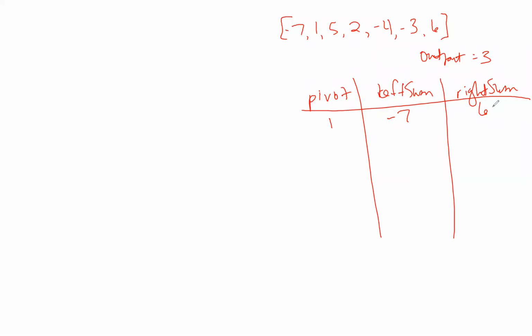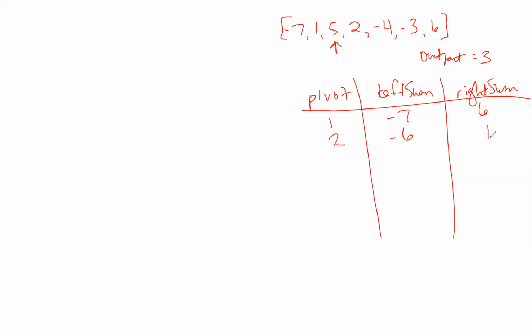Are they equal? No, they're not. Okay, then I know I need to add the element in my pivot to the left sum. So -7 plus 1 is -6. Then I increase my pivot to the next element, and I need to subtract that from the right sum. So 6 minus 5 is 1.